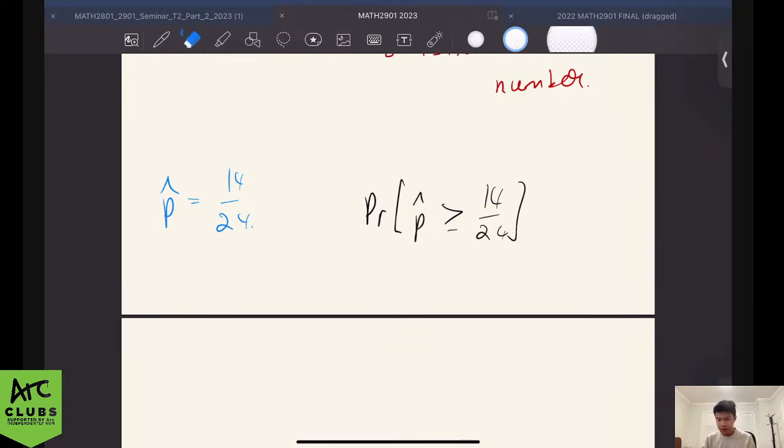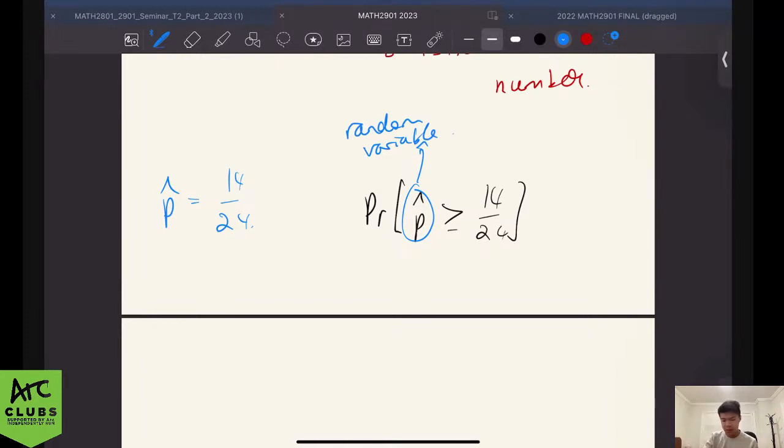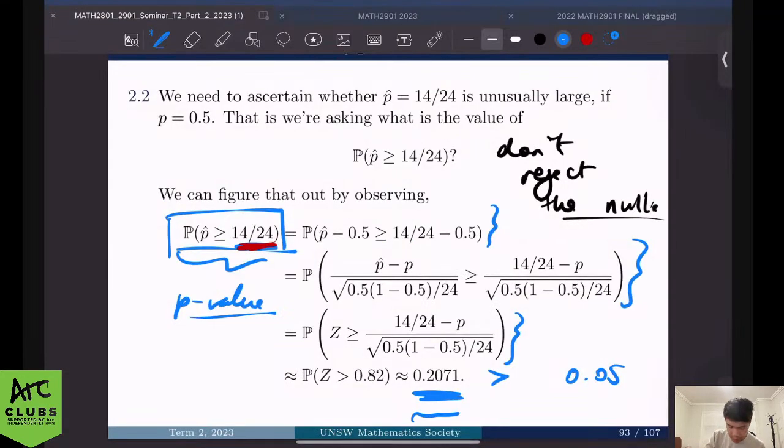You just say the sample proportion is a random variable. What percentage of the time do I get something as massive as 14 on 24? You reduce it to a normal distribution, which is what we did here. So sample proportion minus 0.5, divided by the standard error.